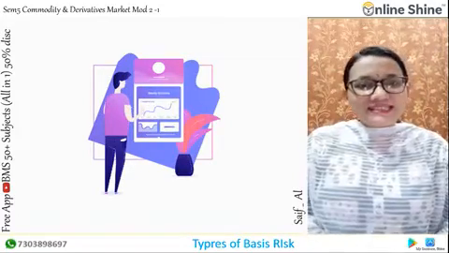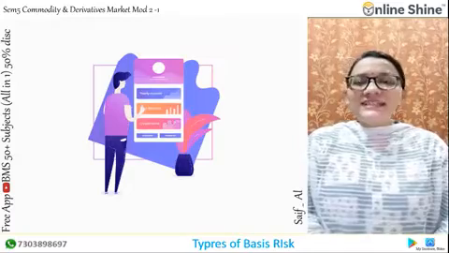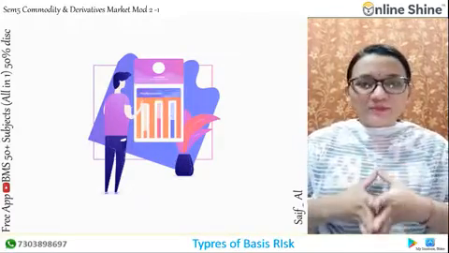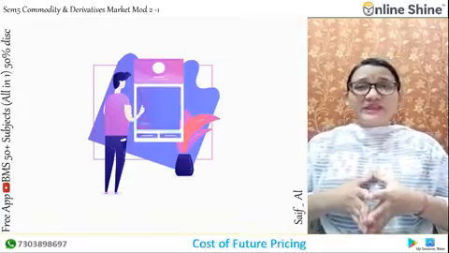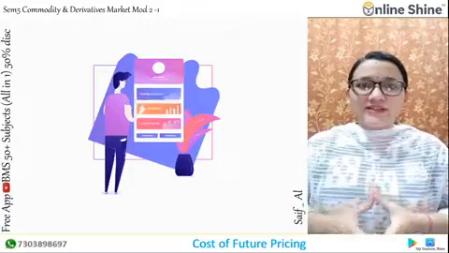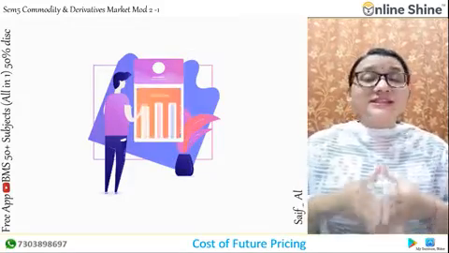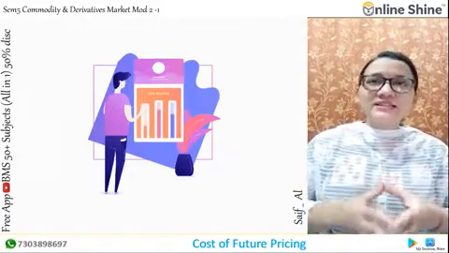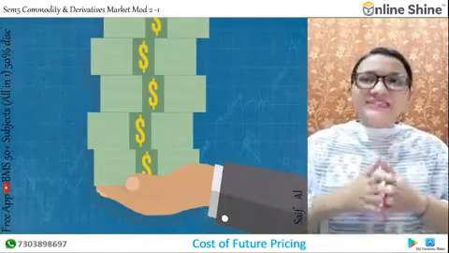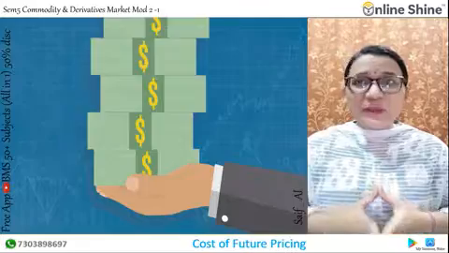Now, students, let's discuss the next segment, that is the futures pricing model. The first futures pricing model is the cost of carry model. What is the cost of carry? The cost of carry is the cost associated with carrying the value of an investment.